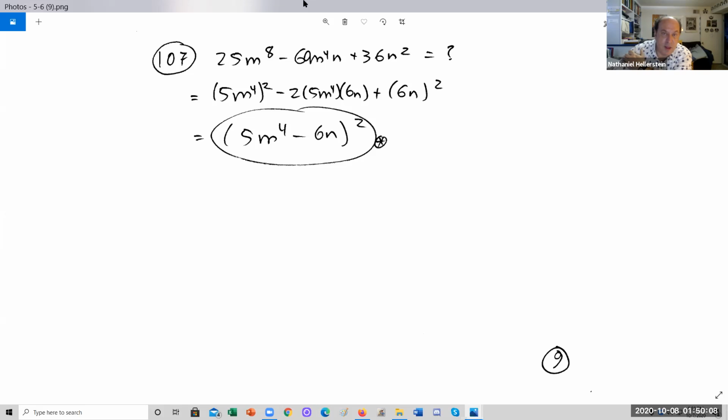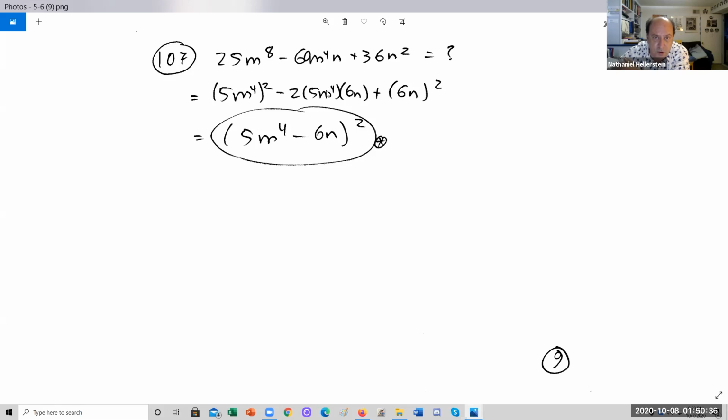All right. Here's a rather terrible looking one with an 8th power, but that's really just the 4th power squared. Now let's see, 25m to the 8th minus 60m to the 4th n plus 36n squared. Now 36n squared is the square of 6n, as 25m to the 8th is the square of 5m to the 4th. Now, if we can write this as minus twice the product of these two, we'll be okay.